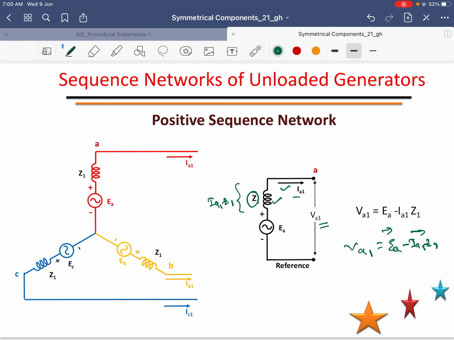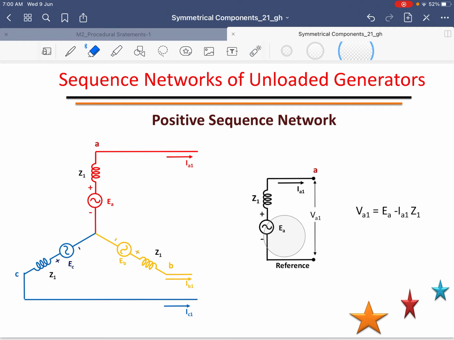Then the drop because of IA1 is IA1 Z1. If you deduct this IA1 Z1 impedance drop from the generated voltage, what you get is the terminal voltage of the generator, which we are calling VA1. That is, VA1 is equal to EA1 minus IA1 Z1. This is regarding the positive sequence network.